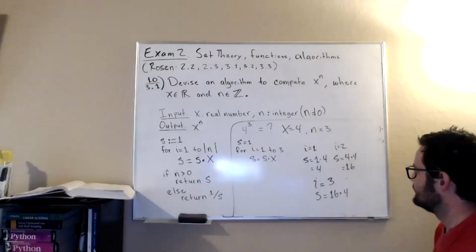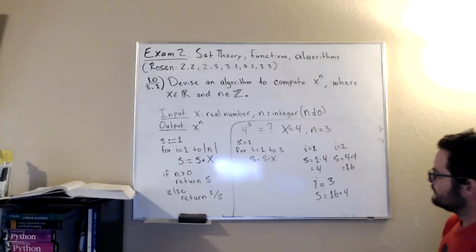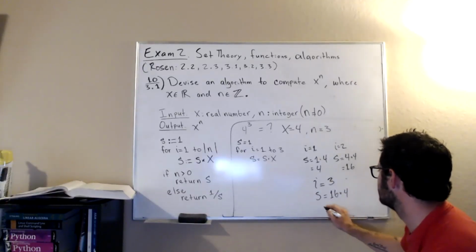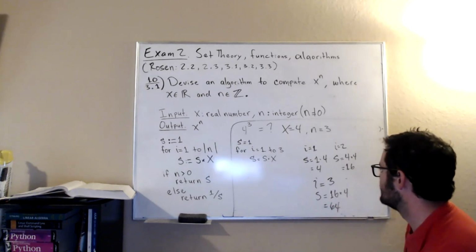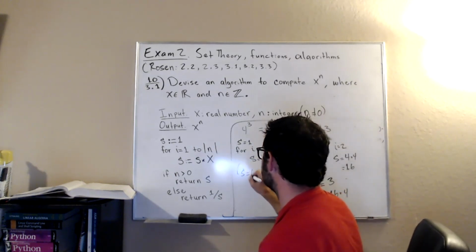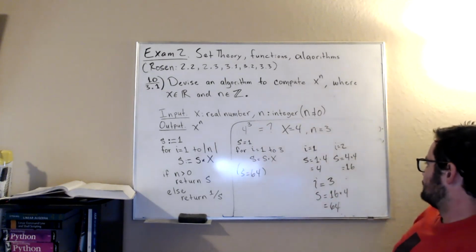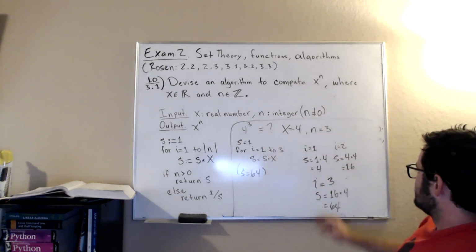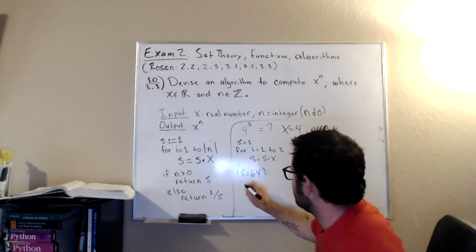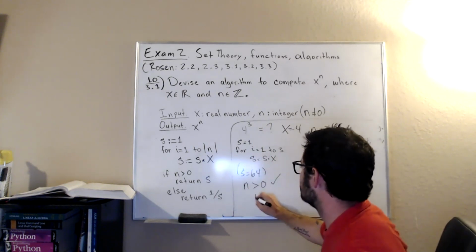Yeah, that makes sense. I was just curious what the x was. Then we break out, so currently s is equal to 64, which is 4 cubed. And n is greater than 0, so we're just going to return 64.